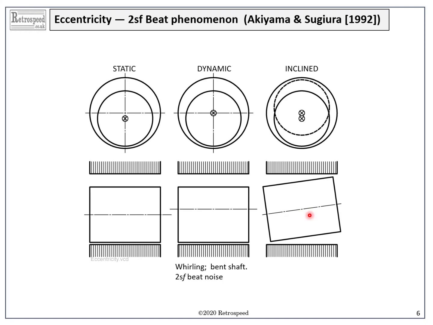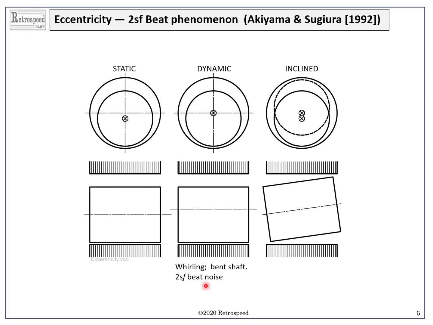This diagram was presented by Professor Akiyama and Osamu Sugiura at the 1992 IEEE IAS conference in a paper on what they call the 2SF beat phenomenon in induction motors.